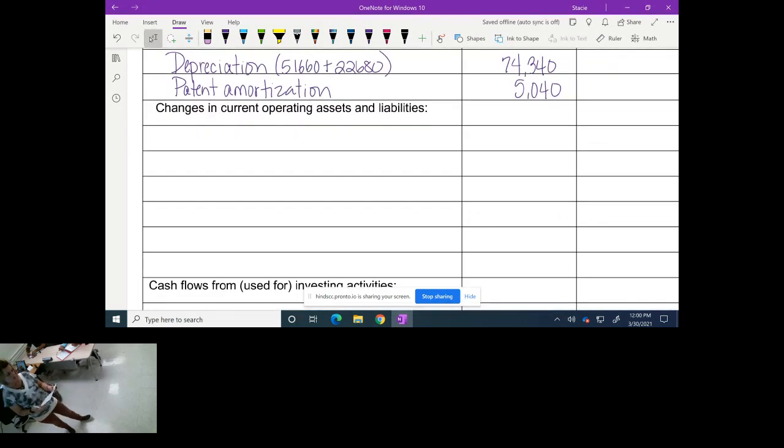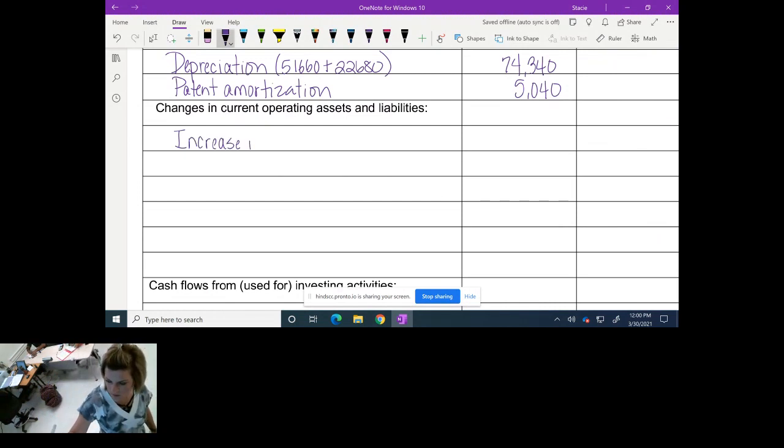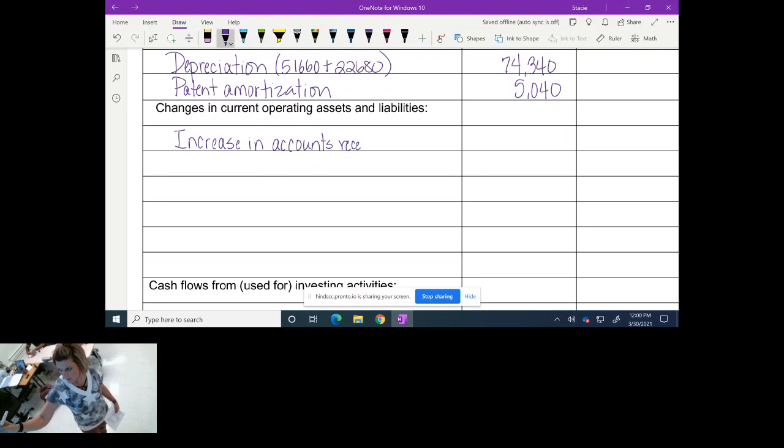Our first item is an increase in accounts receivable. So are we going to add that number or deduct that number? And how much is it? $73,080.